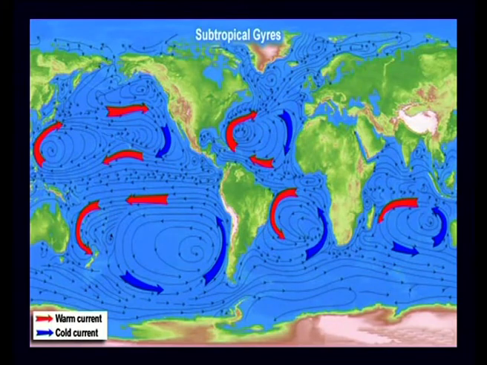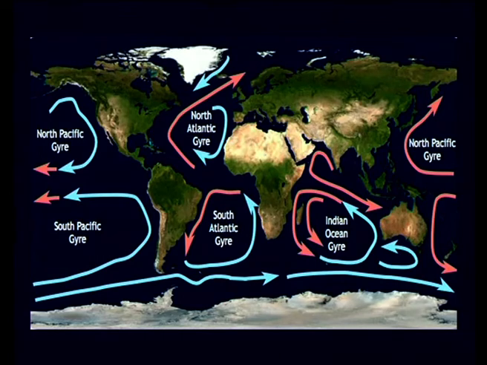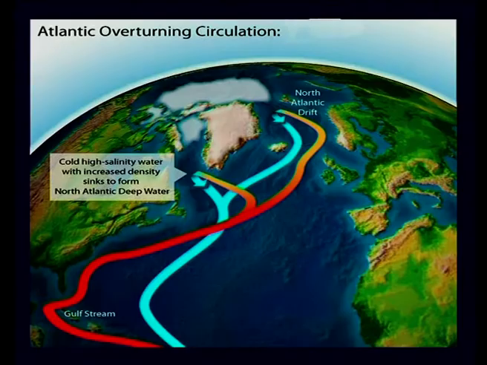Each gyre consists of a poleward moving warm current and an equatorward moving, that is cold, return current. The two gyres are partially offset by the shapes of the surrounding continents, and the Atlantic equatorial counter current moves in between them.